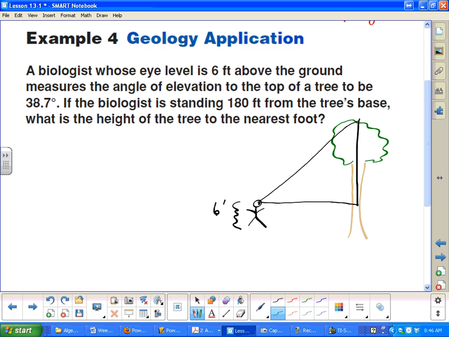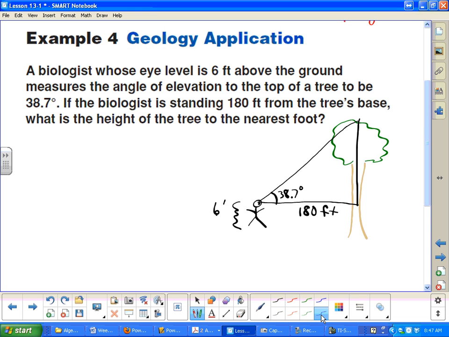It says the angle of elevation is 38.7 degrees, and he's 180 feet from the tree. And they want us to find the height of the tree.